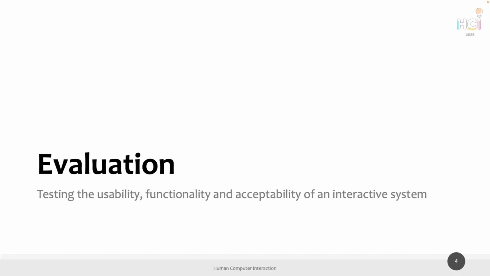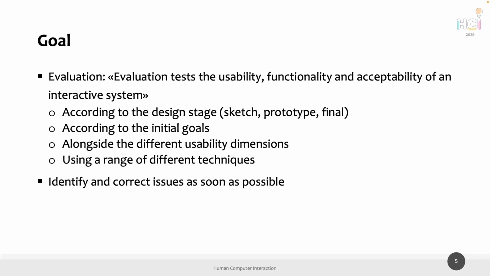So what do we mean by evaluation in the HCI domain? We mean testing the usability, functionality, and acceptability of an interactive system. And this evaluation is performed according to the design stage. So every design stage has its own evaluation strategies that are more effective than others.